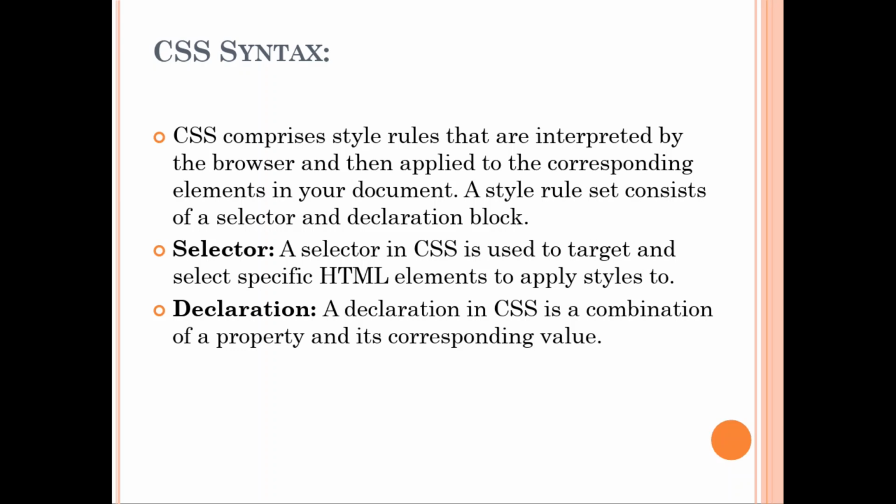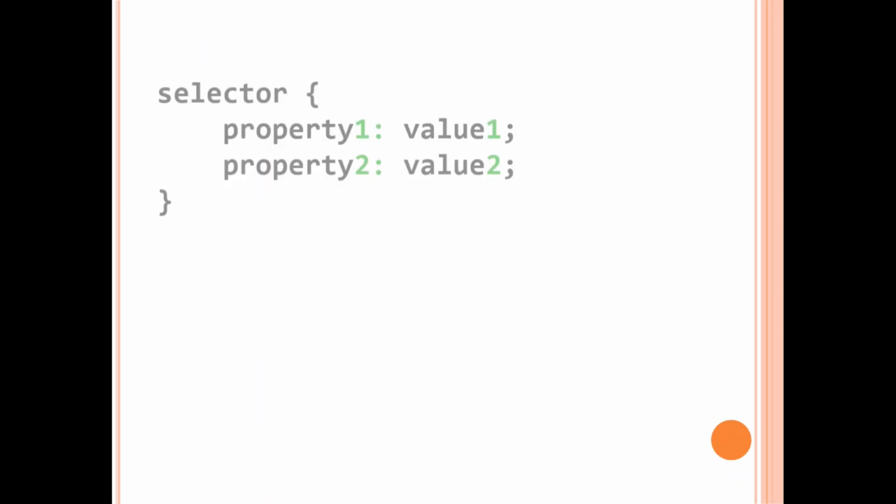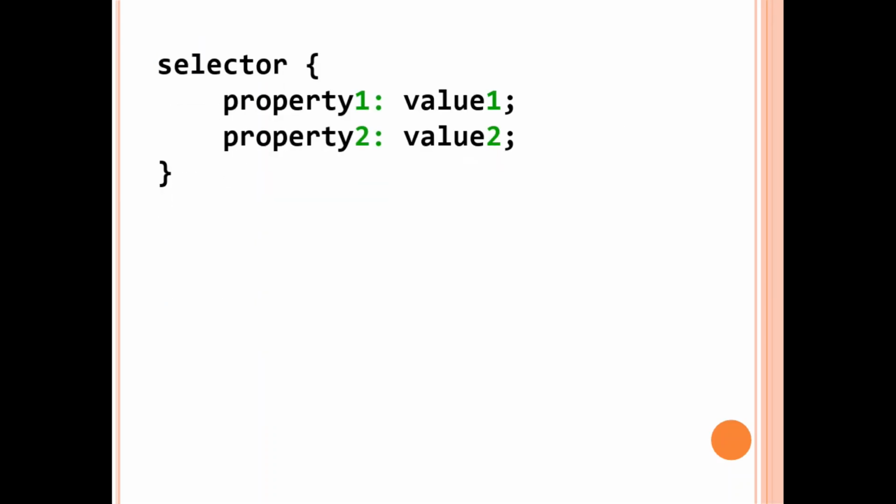The selector is the tag we are going to target, and the declaration provides the corresponding properties and values. This is our declaration process.